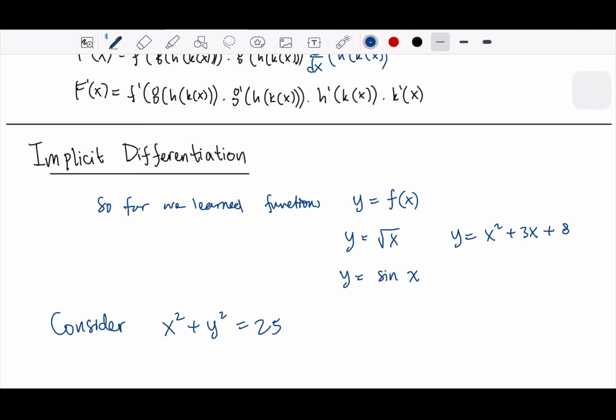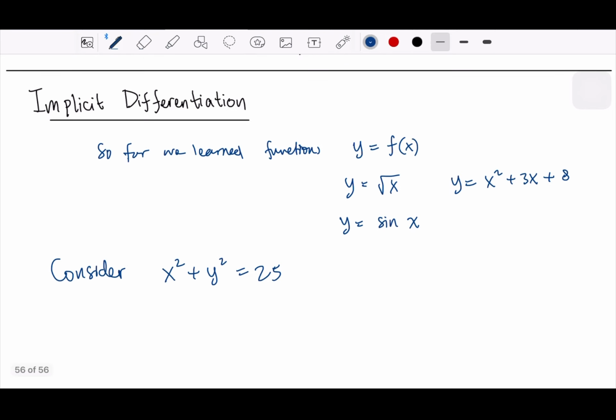So we know that this is a circle equation with radius 5, right? But can we differentiate this? Because we have y. Before, we had only one variable explicitly in the functions, but now we have y, and y is a function of x. So how are we able to solve this? How do we differentiate?